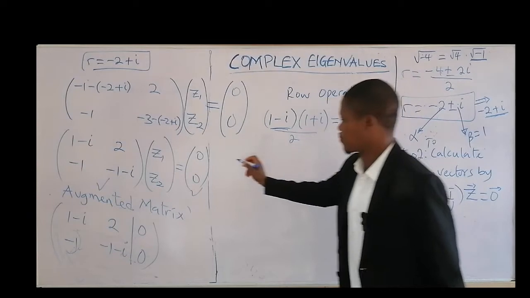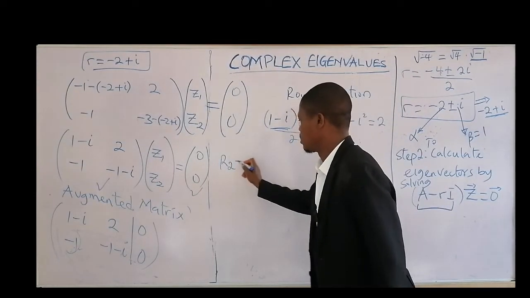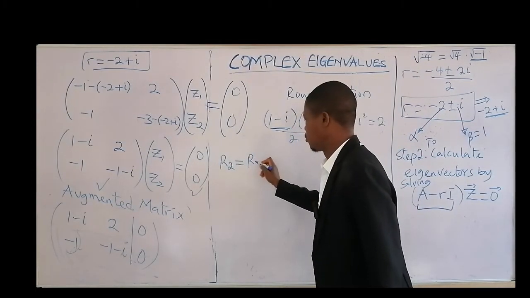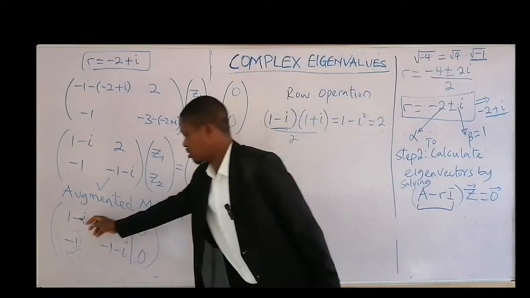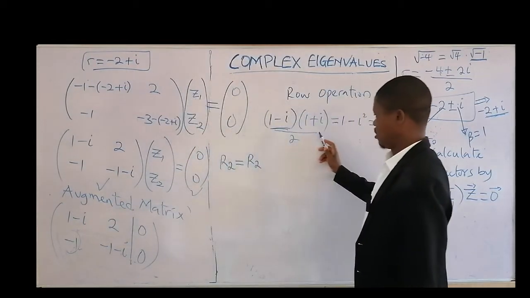So in that case now, root 2 is equal to root 2. Since this is minus, then this one is plus, with this algebra.